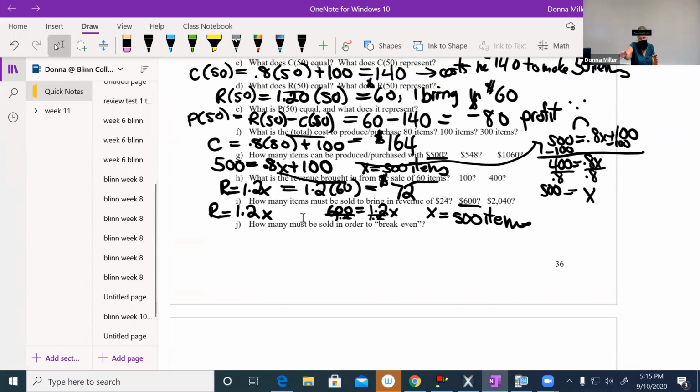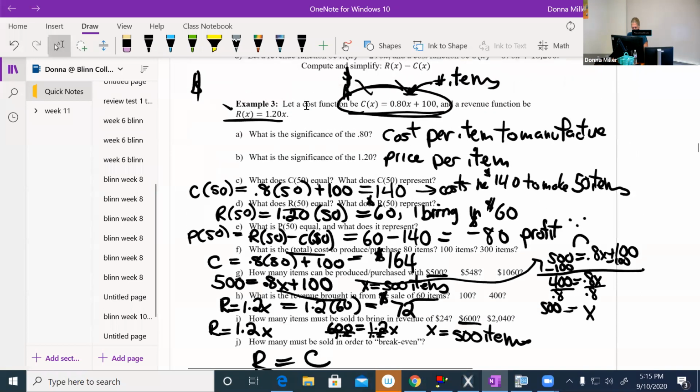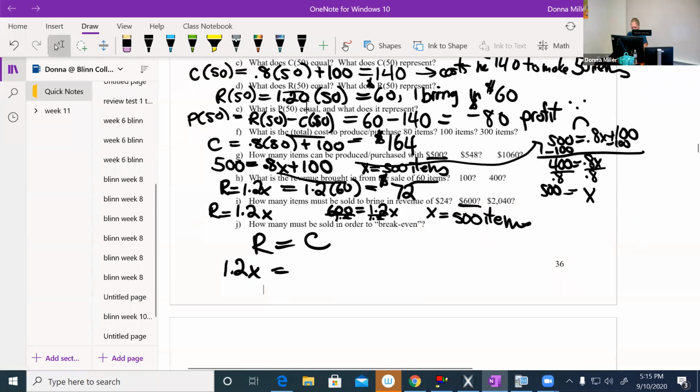Which means your revenue and costs are equal. So to find the break-even point, you set the revenue equal to the cost. The revenue is 1.2x, and what's the cost? 0.8x plus 100.